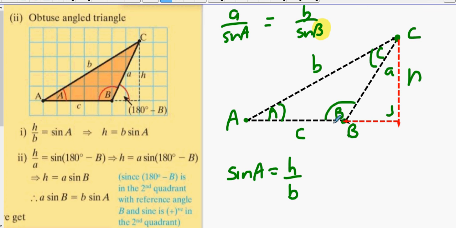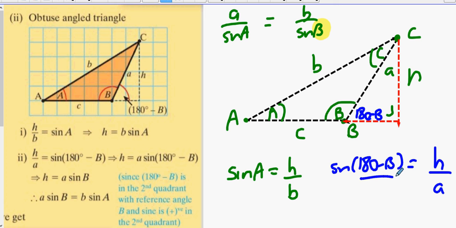I haven't got access to sine B, do I? But what do I have access to? Sine of 180 minus B. What's sine of 180 minus B? H over a.